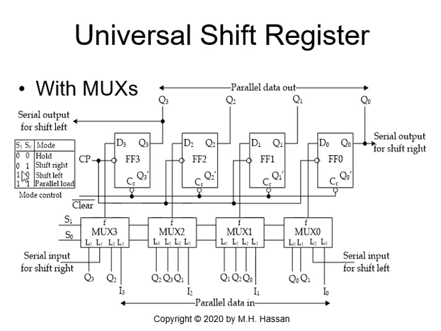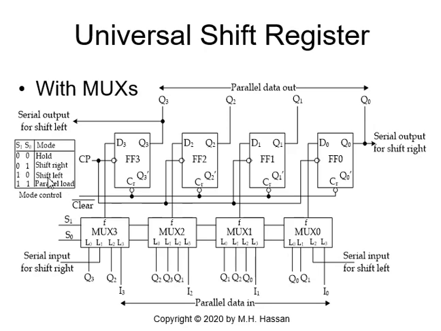If 0 1, we are shifting right, because D3 will get Q2, D2 will get Q1, D1 will get Q0, and D0 will get the serial input for shift right.